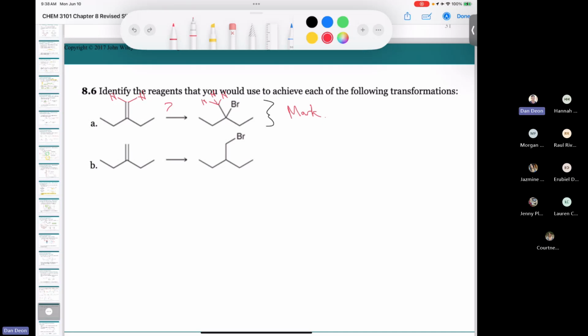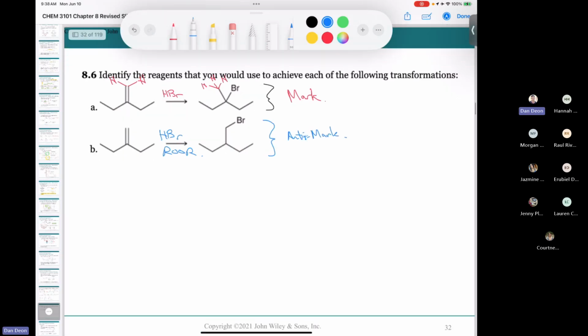There you go. That's it. So we'll just write HBr. Now you can see in the next one, we have an anti-Markovnikov addition. And so in that case, we're going to need HBr, and we're going to need some peroxides. Look at that. There we go.